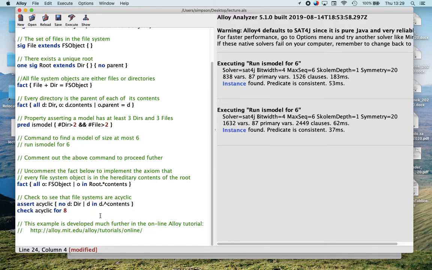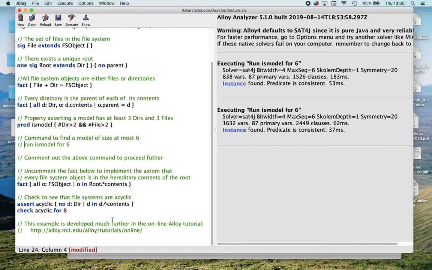So we're saying no directory is reachable from itself along the contents relation by a path of length at least 1. Every directory is trivially reachable by itself using a path of length 0. So we can't use the star here, because then this would simply not hold, because every directory is reachable by a path of length 0.